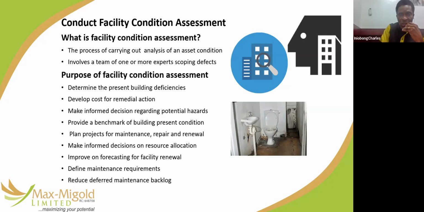So this area of facility management is very, very important, and maybe when you are doing the financial, the budget aspect of this course, you get a better understanding of the facility condition index and the facility condition assessment.